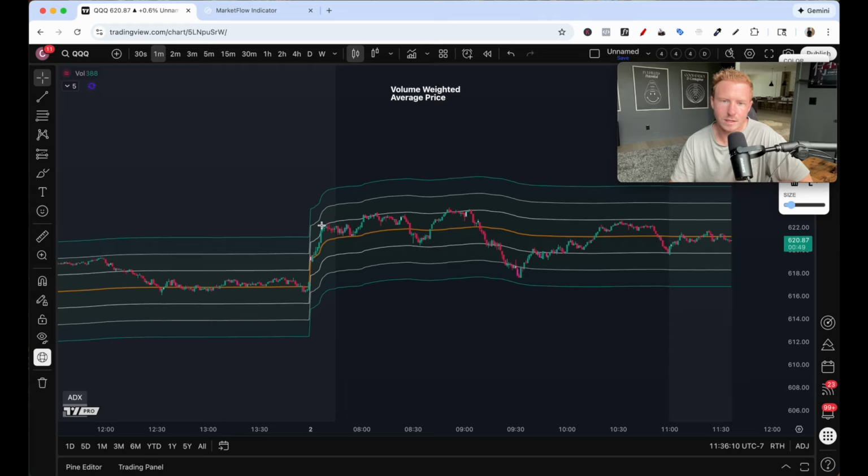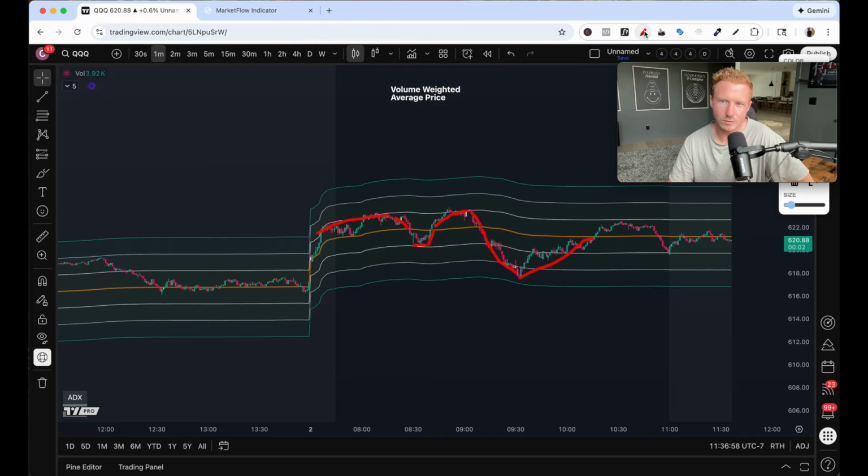So what happens is, on a more balanced day, we're going to see price action like this, where we get above VWAP to that first band, we're going to pull back to it, we're going to go to the lower band, we're going to pull back to it, we're going to go to the upper band, we're going to pull back to it. Then maybe it's going to rubber band into the second or third band even, then it's going to pull back to the VWAP. And price is constantly going to revert back to that fair value price.